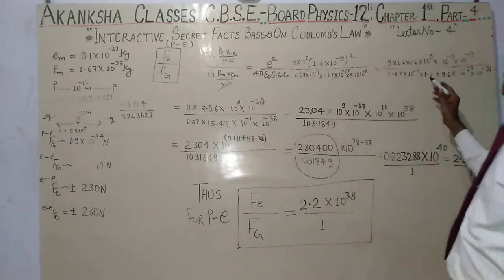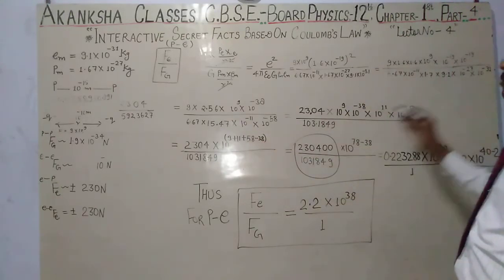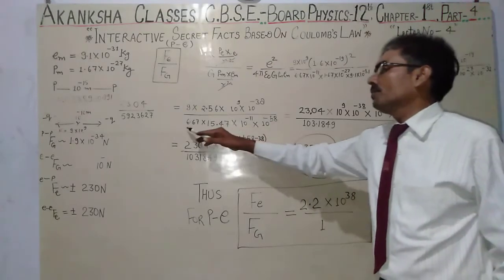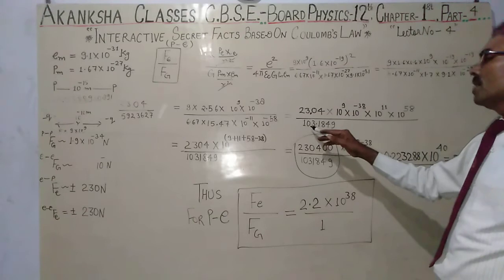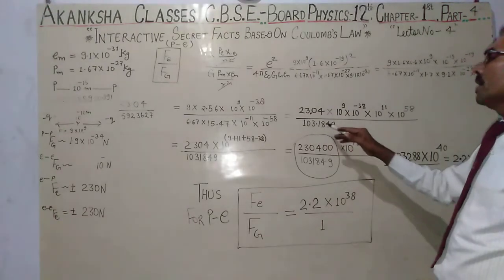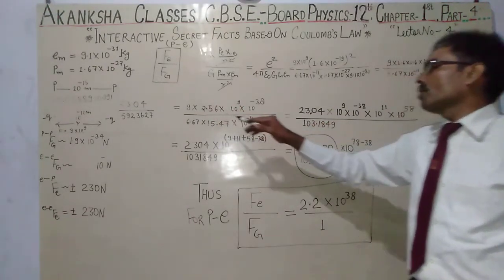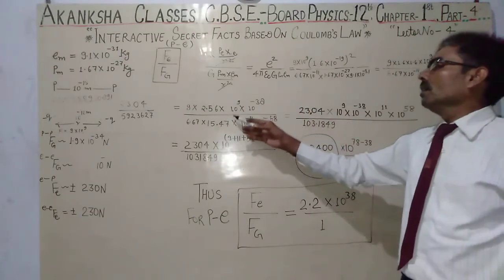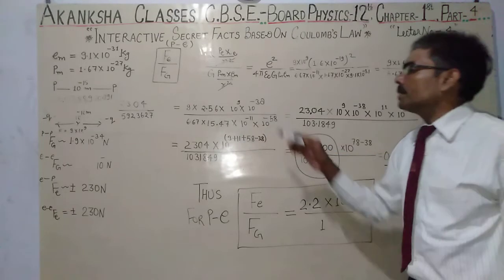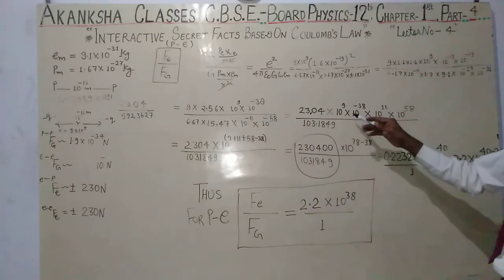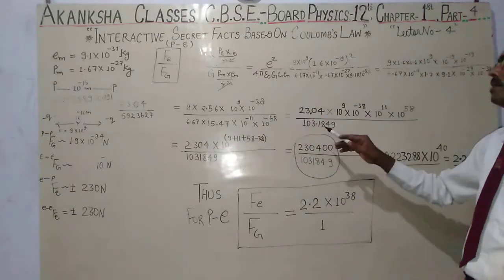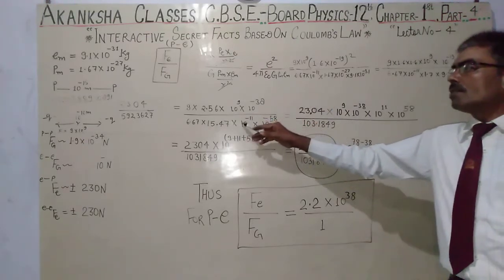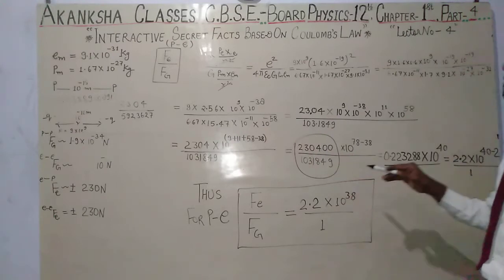The product of 1.7 and 9.1 is 15.47, and the product of these two numbers is 103.1849, and the above product is 23.04. By the rules of exponents we get 10 power 9 into 10 power minus 38 into 10 power 11, as the inverse of 10 power minus 11 is 10 power 11.